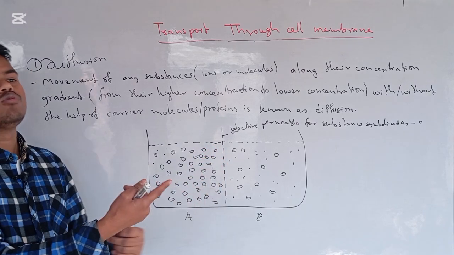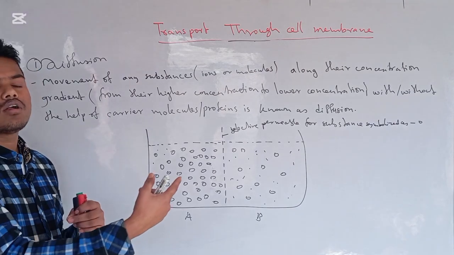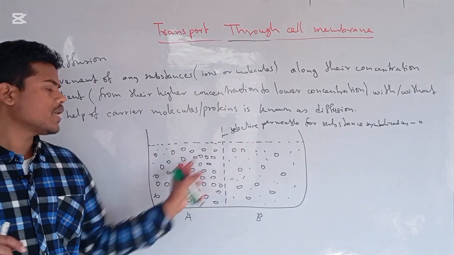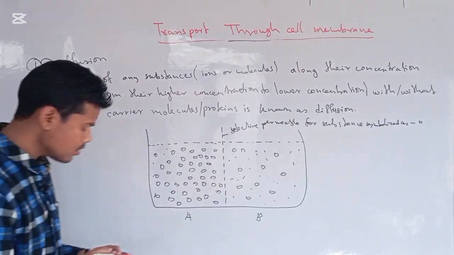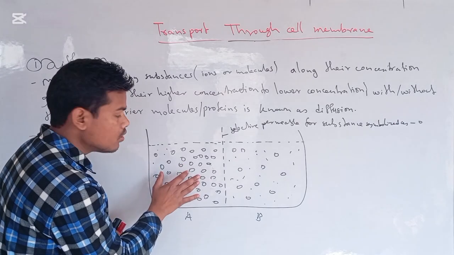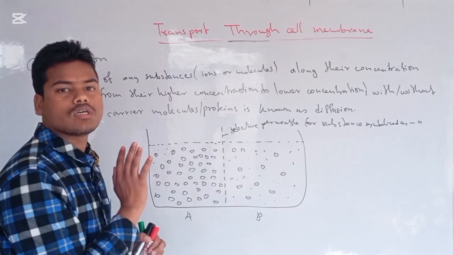The gas will move from the filled cylinder to the empty cylinder. The same mechanism applies here. Here is the higher concentration of this particular type of molecule, and here is the lower concentration.